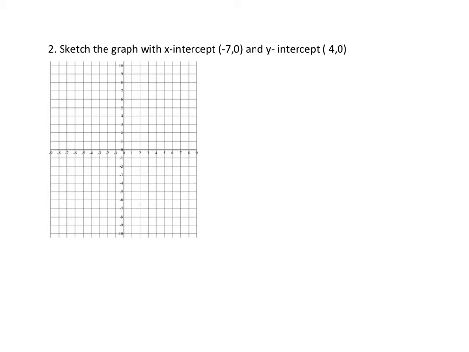So the x-intercept, -7, 0, is saying x is -7 and y is 0. That would be this point here. The y-intercept would be this point here. And if we connect the two points here, we will get our linear function, or the graph of our line.